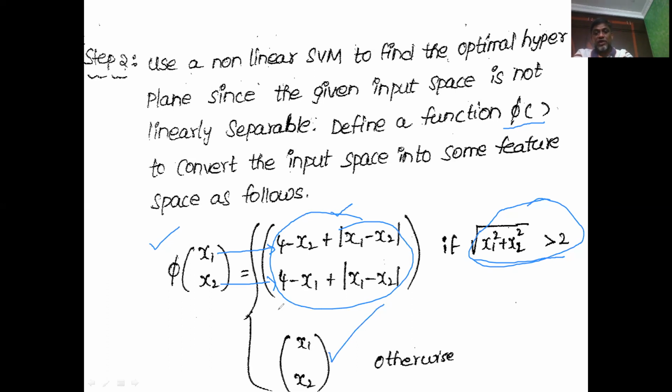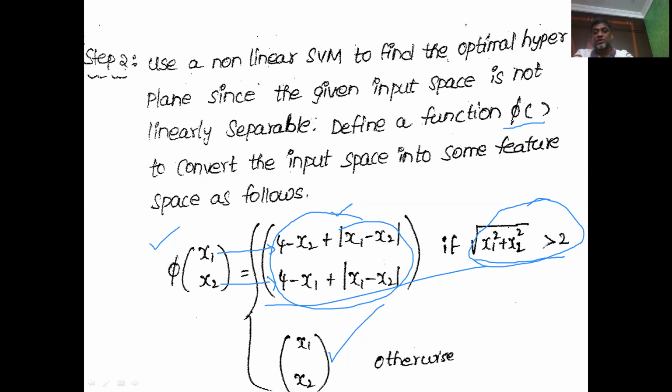Okay, so while choosing this function, you need to be very careful in such a way that the corresponding mapping moves the corresponding inputs into a higher dimensional space, such that you can identify a straight line to separate these moved input patterns. Okay, so I took it as greater than 2.